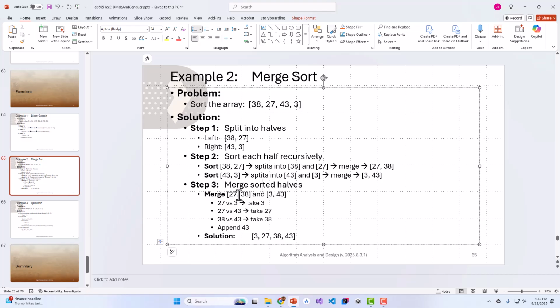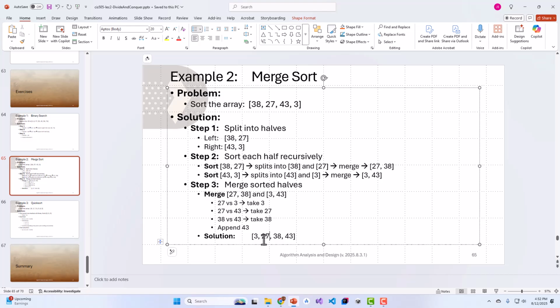We compare 27 and 3, since those are the first elements of each. 3 goes first, so this side stays on the 27, and this one goes to the 43. So we take the 3, that's the first element that goes into our solution. And then we have 27 versus 43, take the 27, so that one increments on this side, and the 43 stays on its side.